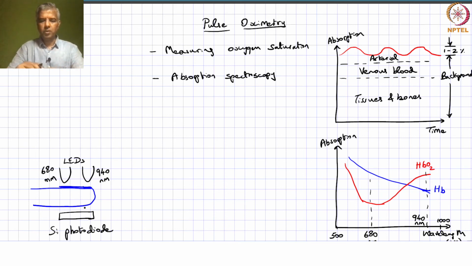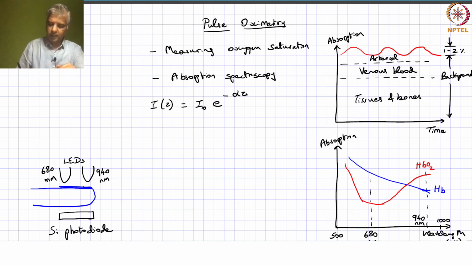If you talk about the intensity that's coming through, you can just say I of z is equal to I naught e power minus alpha times z, where alpha corresponds to the absorption. But here we understand that absorption is actually a function of wavelength. Not only that, but absorption also consists of multiple components.